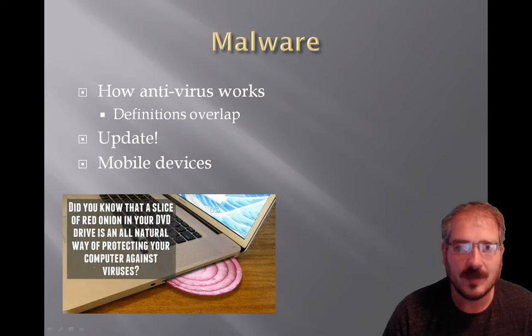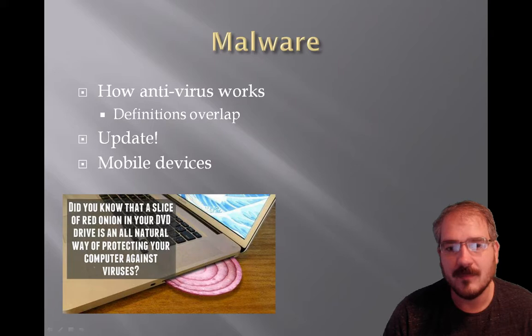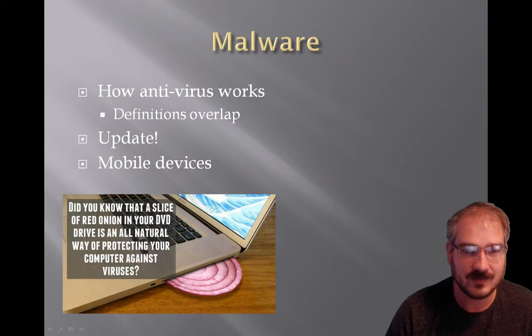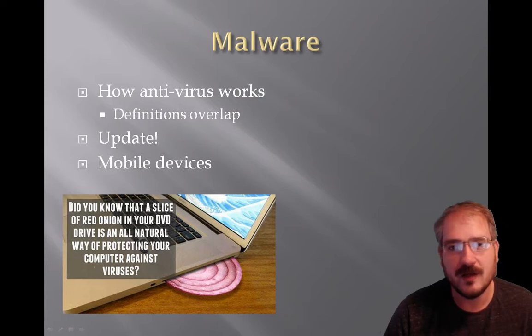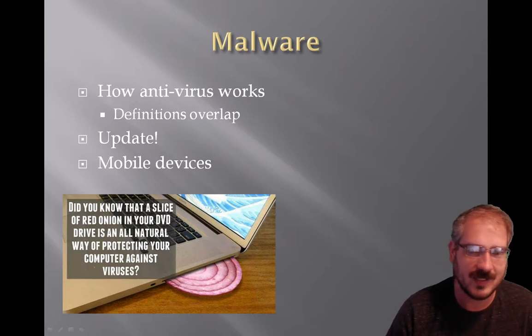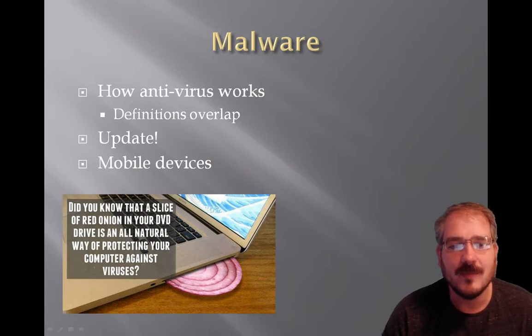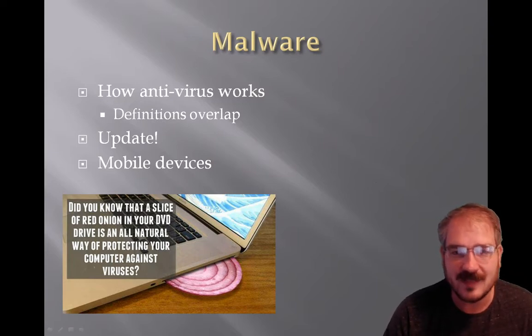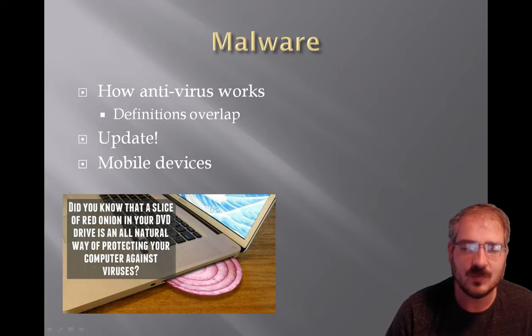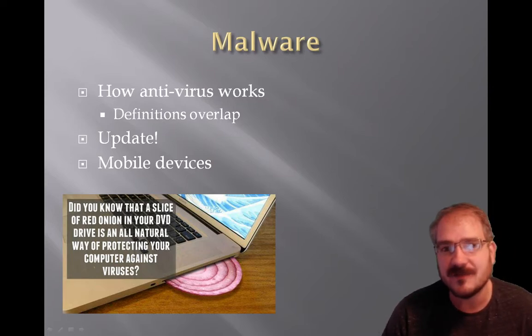There's also a problem with these antivirus companies. They will define different pieces of malware as different things. So one company might call something a virus, while another company calls it ransomware, while another calls it a worm, while another calls it this or that. Again, there's a lot of overlap in these different kinds of malware, and different antivirus companies will define them in different ways.